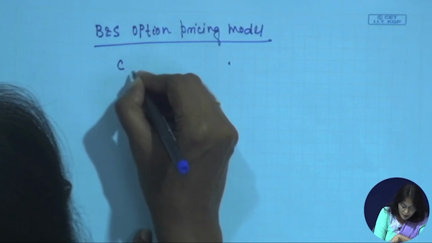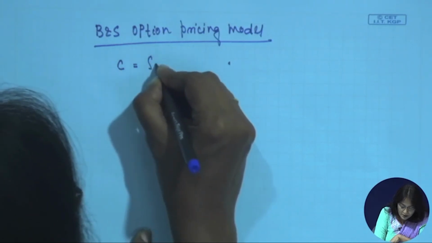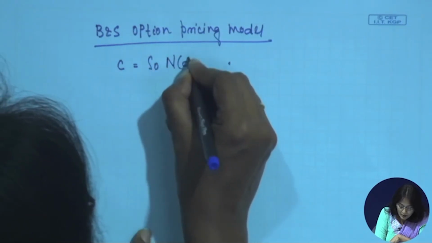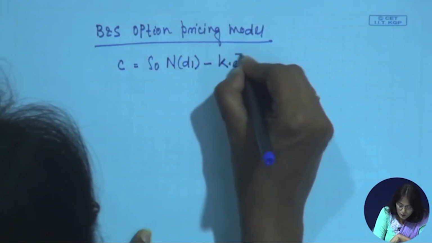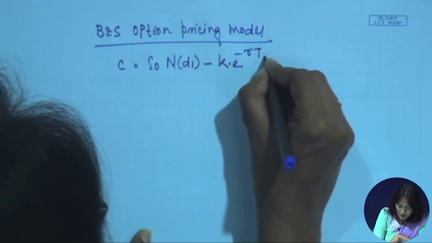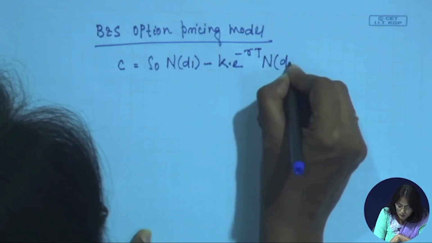The call premium is S0 N(d1), the area under the normal distribution, minus K e to the power minus RT N(d2).